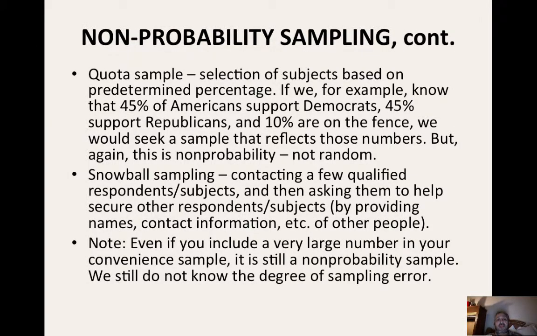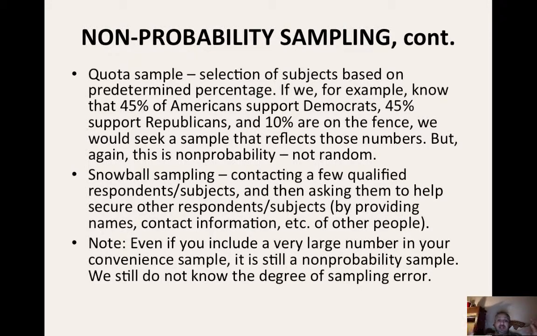There's also quota sampling. This is when you select subjects based on a predetermined percentage. So let's say, for example, I'm just making these numbers up, but let's say we know that 45% of Americans support Democrats, 45% support Republicans, and 10% are independents or on the fence.